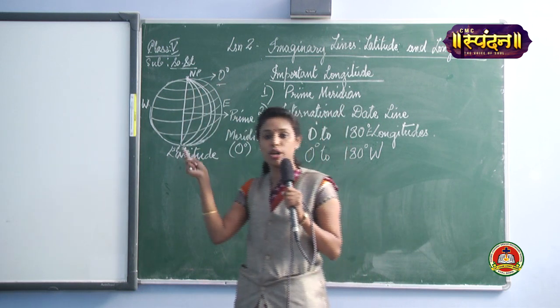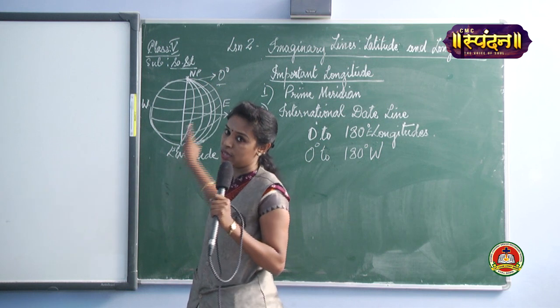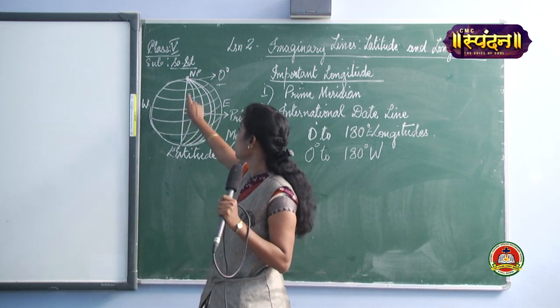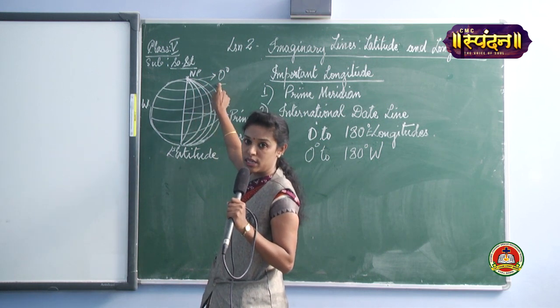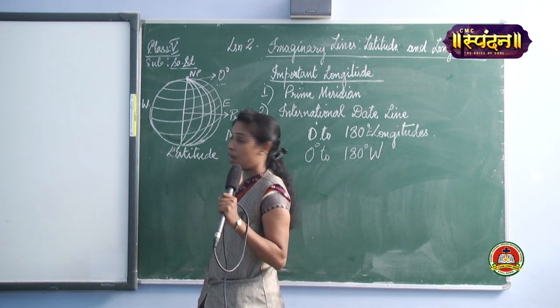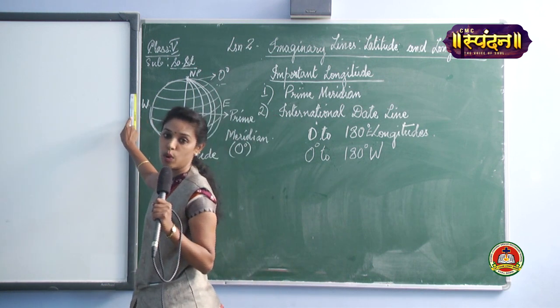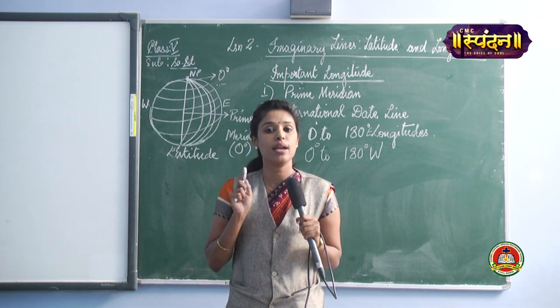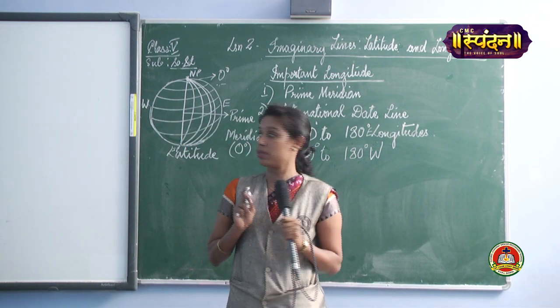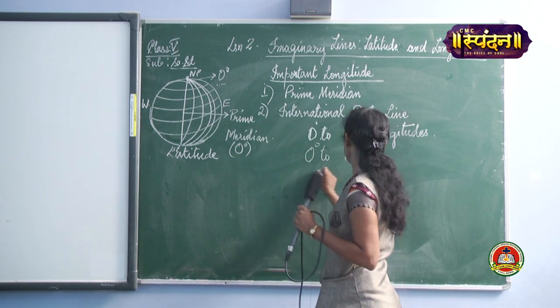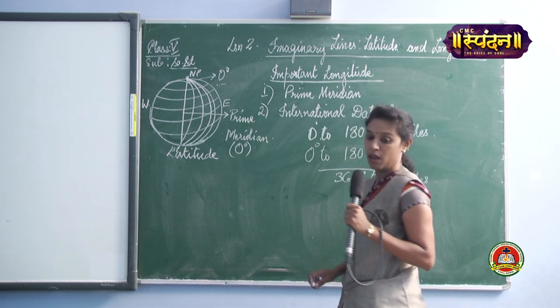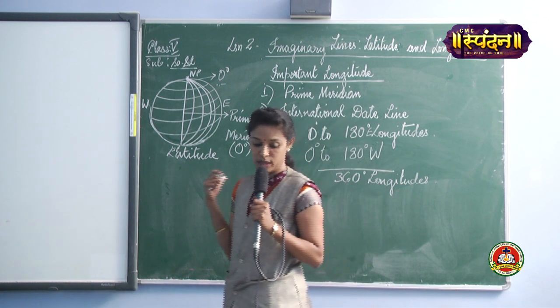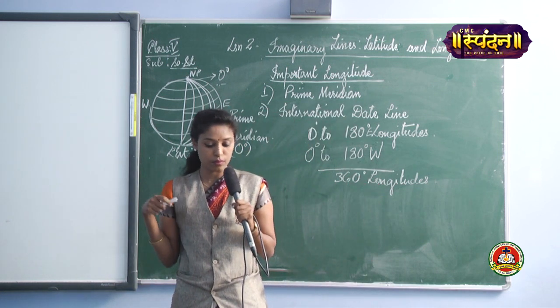It divides the longitudes into two hemispheres. That is, it moves 0 to 180 degrees towards east and 0 to 180 degrees towards west. So in all, we have got 360 longitudes. I hope this is very well clear to each one of you.